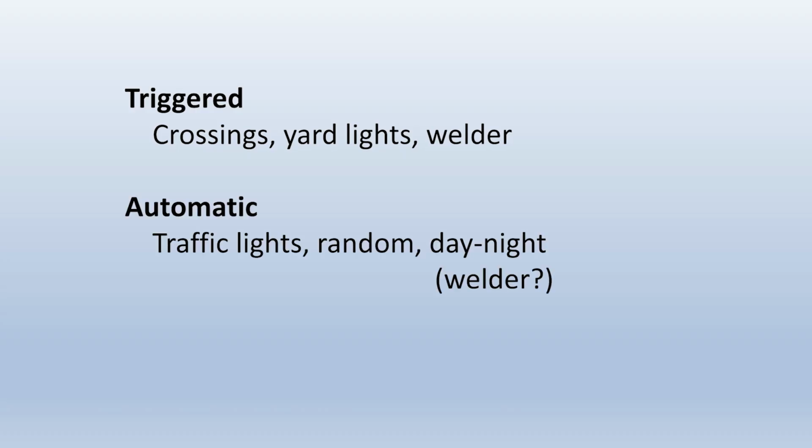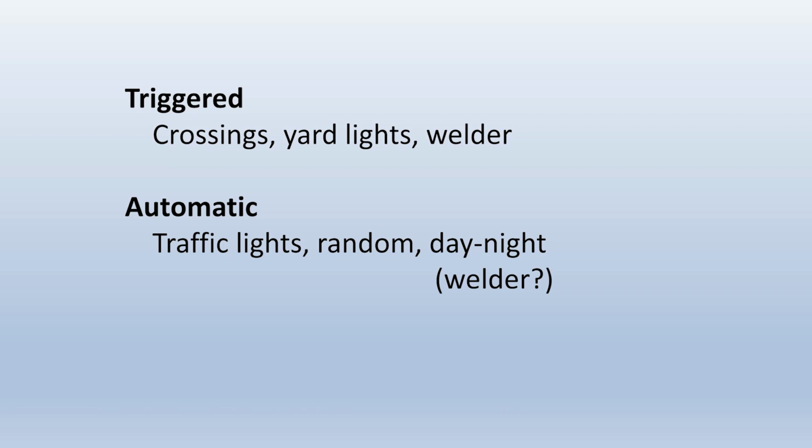And then there's ones that are completely automatic, like traffic lights. Nothing triggers them. You put power on and they go through the traffic light sequence. Or you get the random lights in a building, or a little factory or a village. Various lights come off on the houses. Or you have a day and night sequence.